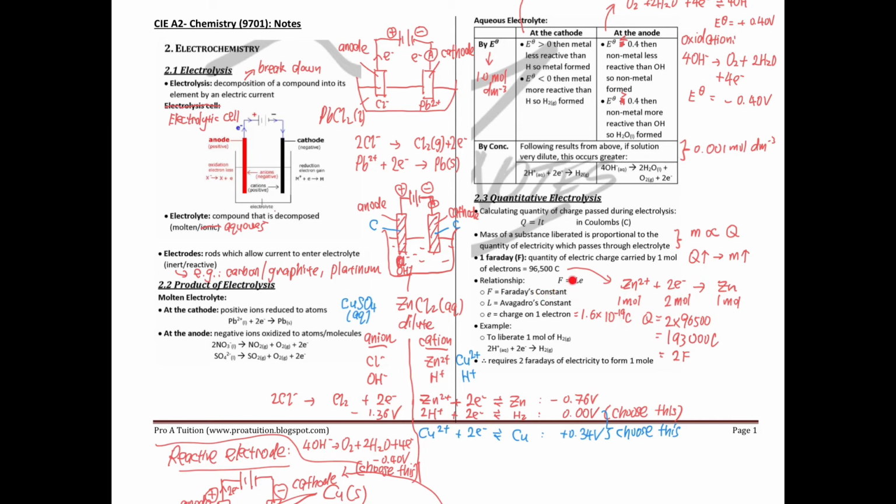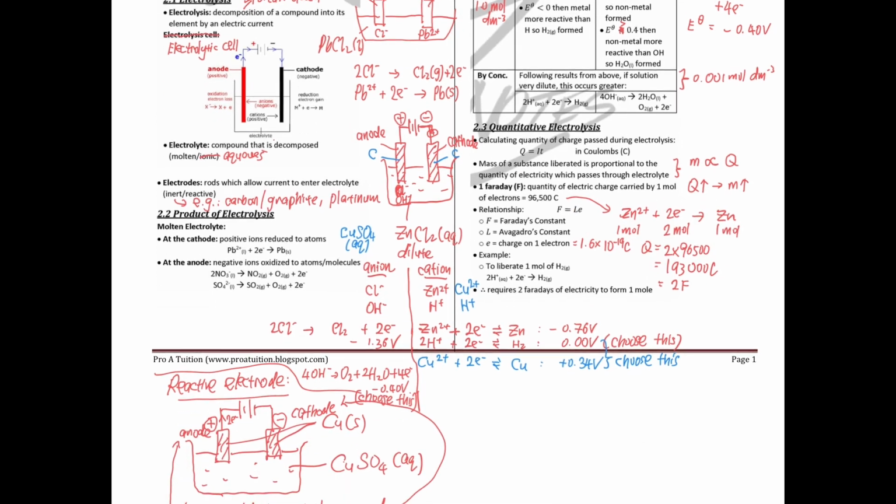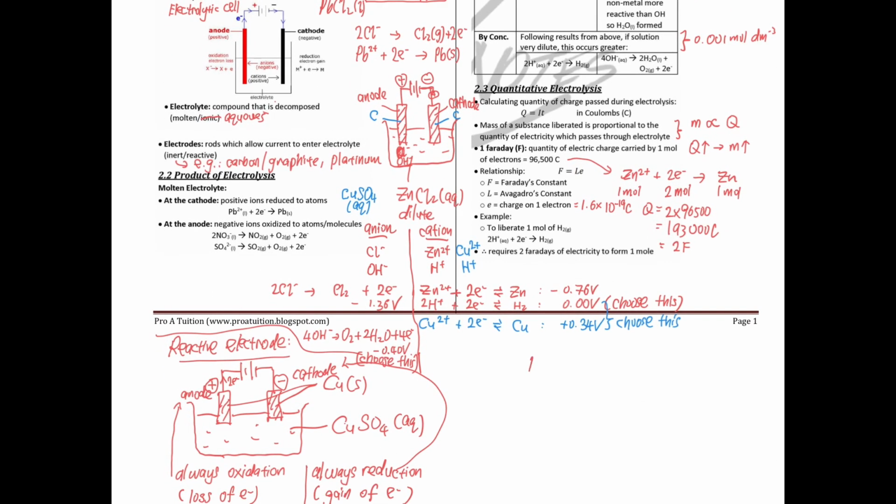So what is the usage of this formula? F equal to LE. So I give one example here. This formula is for us to find out how much charge is carried by 1 Faraday. As you can see, L is Avogadro constant, 6.02 times 10 to the power of 23. E is the charge of 1 electron, 1.6 times 10 to the power of minus 19.